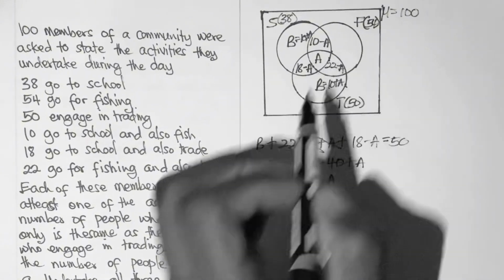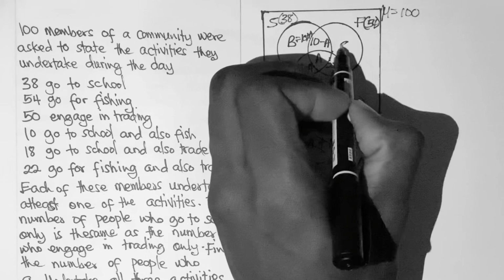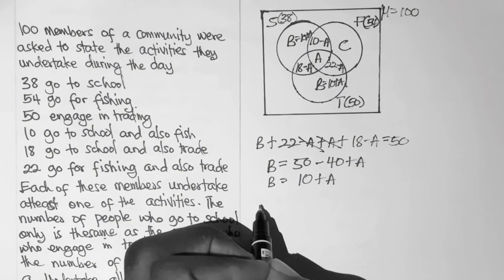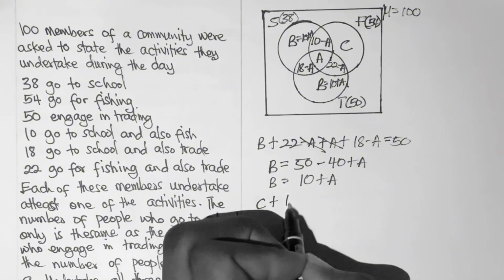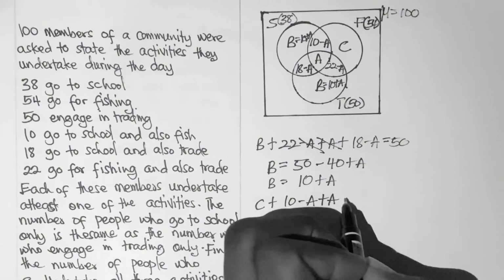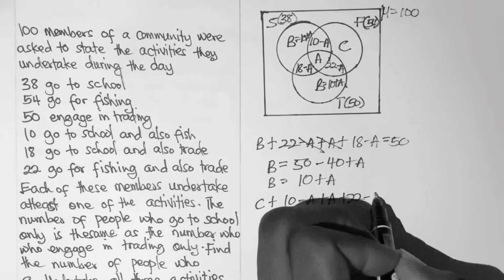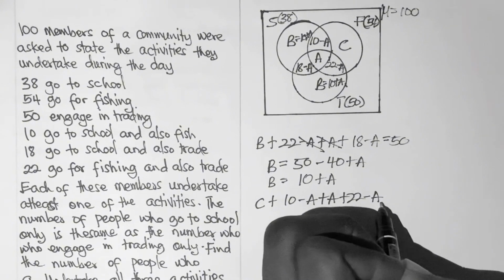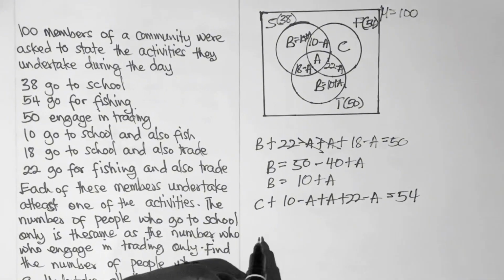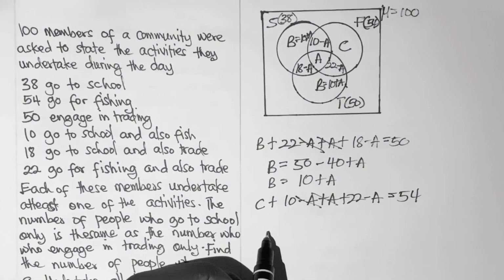Now we can find this region. Let's represent it with capital C. So capital C plus 10 minus A, then plus A, plus 22 minus A is equal to this, which is 54. So minus A plus A will cancel out.